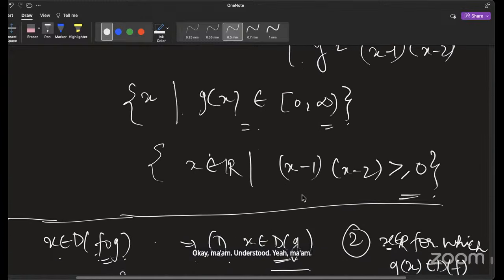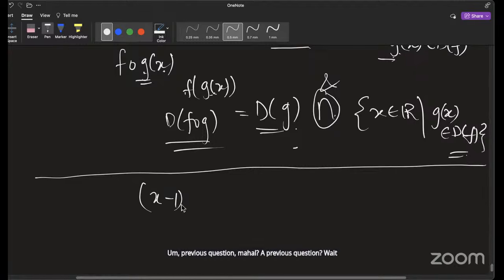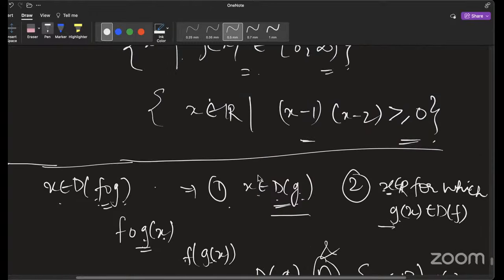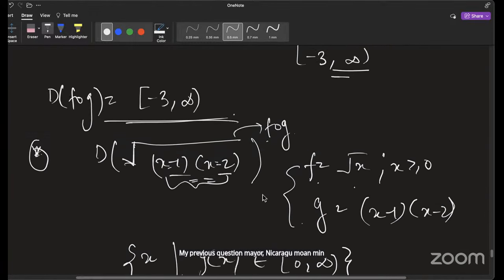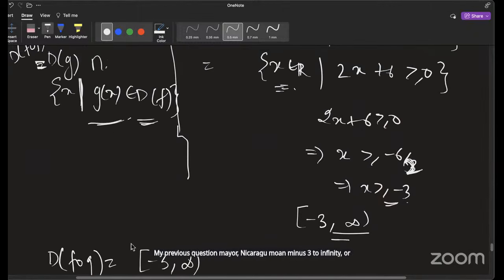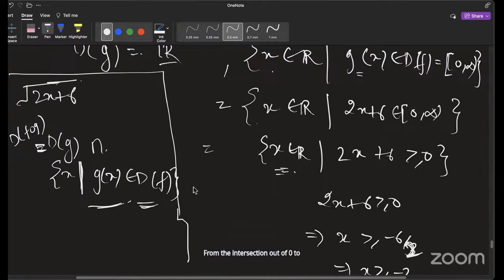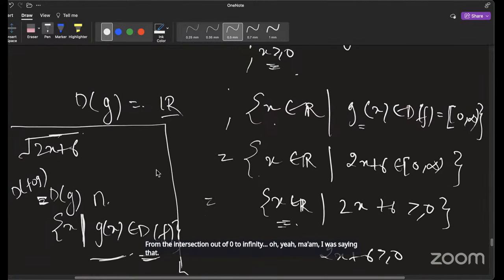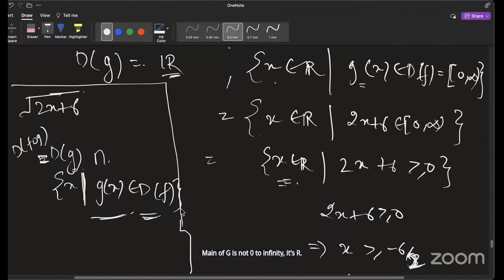Coming back to our previous question. Ma'am, in the previous question the range we found was -3 to infinity and the other was 0 to infinity. So the intersection should be 0 to infinity, right ma'am? I was saying that. Because domain of g is not 0 to infinity, it's R. It is not range, it is domain.